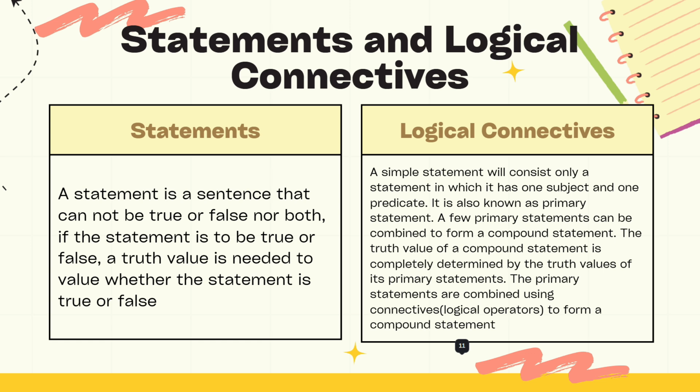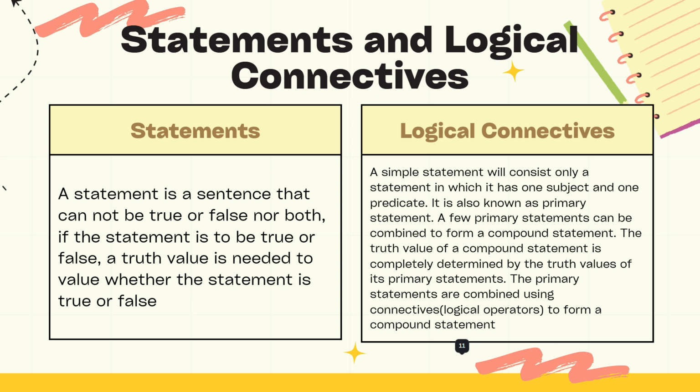Next, we move to statements and logical connectives. A statement is a sentence that can be either true or false, but not both at the same time. If the statement is to be true or false, a truth value is needed to value whether the statement is true or false.